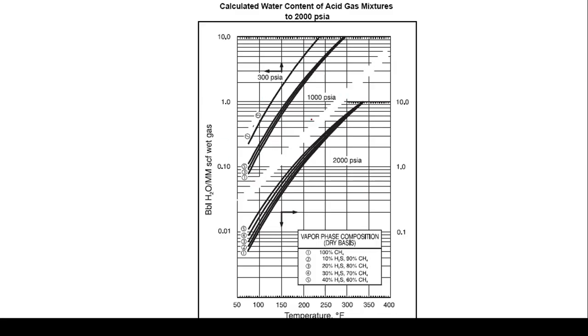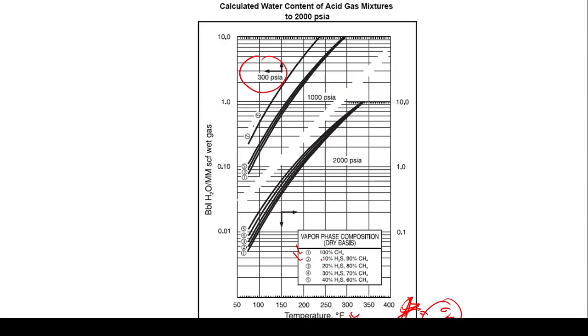If you look at this, the x-axis is temperature in degrees Fahrenheit. We have three different graphs. This is the 300 psi pressure line, and there are 5 different possibilities of composition. The first one is 100% methane, meaning no acid gases.